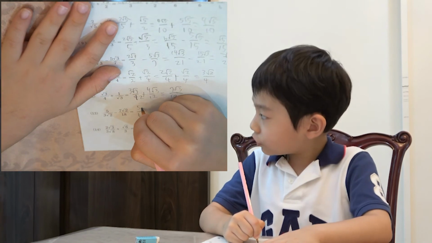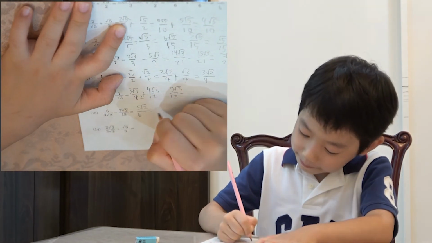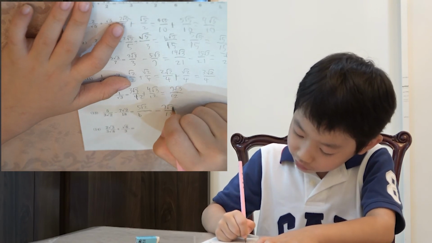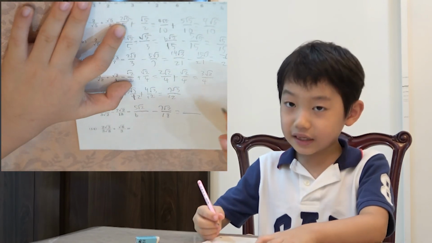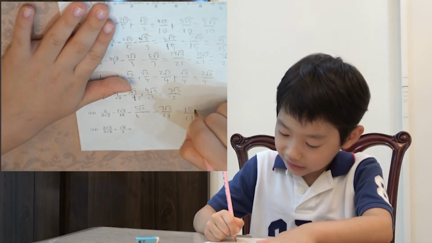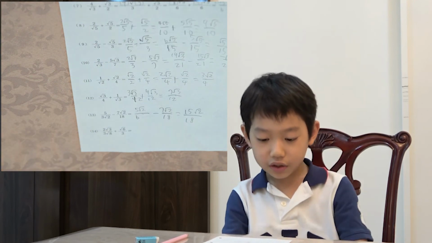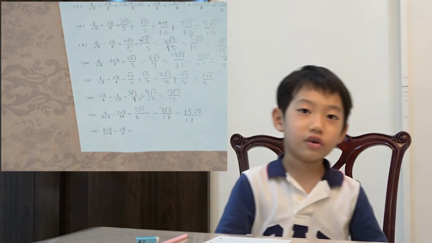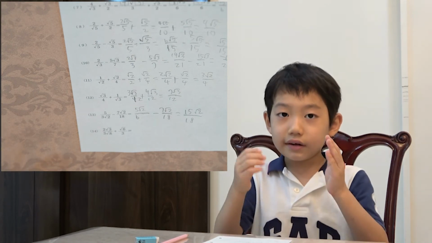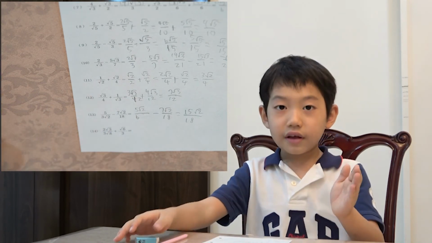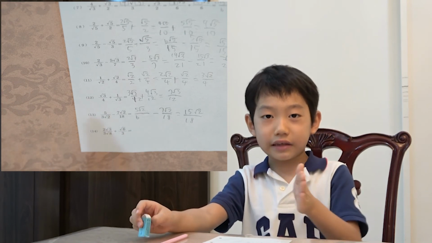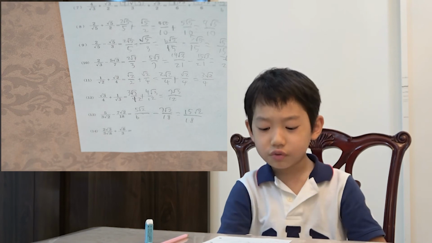7 square root of 2 over 18, and the 6 times 3, that is 18, and 5 times 3, that is 15 square root of 2, because it'll be the same thing, 3 square root of 2, and then you just times the 5, that's it, 15 square root of 2.